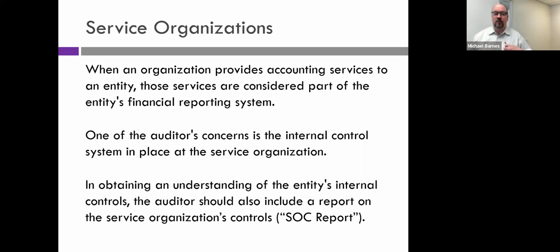A SOC 1 Type 1 report basically says, we would like to know about the design of the controls in place at the service organization at a point in time. So those are two important notes. Type 1 focuses on the design of controls in place at the service organization at a point in time.